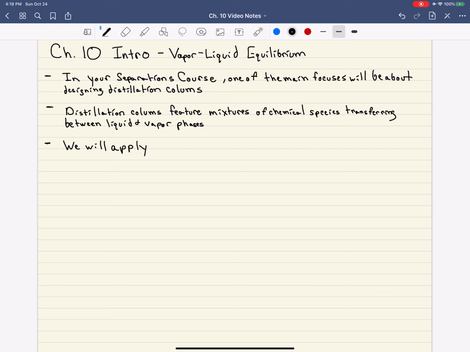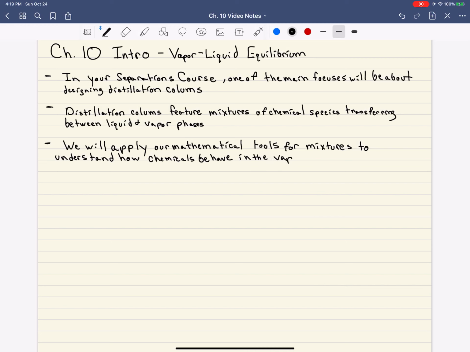And so what we're going to do in this chapter is I'm going to give you an introduction of how to apply these thermodynamic and mathematical tools for studying mixtures, and how we could apply these tools to understand how a chemical will behave when its liquid and vapor phases are in equilibrium with one another, in vapor-liquid systems.